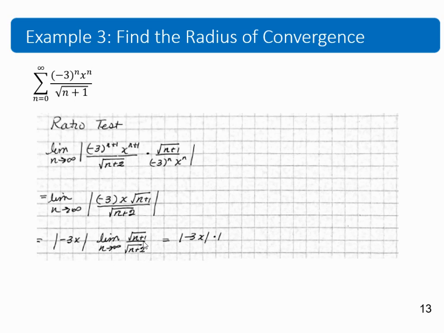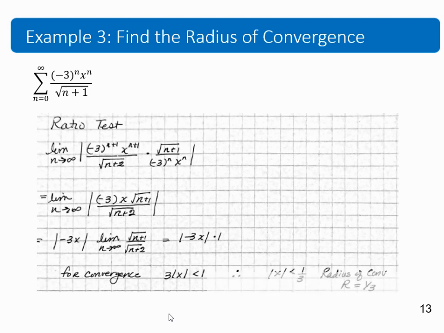And so for convergence, we know that by the ratio test, this must be less than 1. You can factor out your -3 and turn it positive, and then divide it out, and you can get that your radius of convergence is 1/3. Remember that once you get x by itself, whatever's on this side of the inequality, that is your radius of convergence.